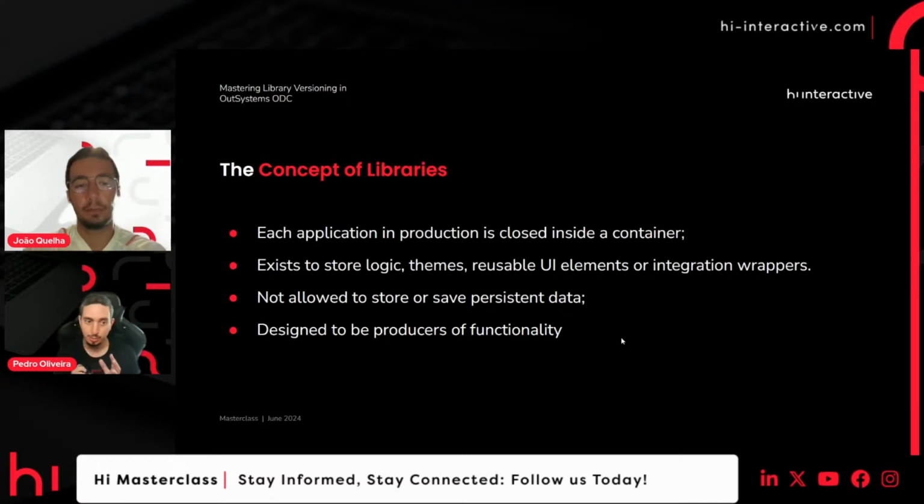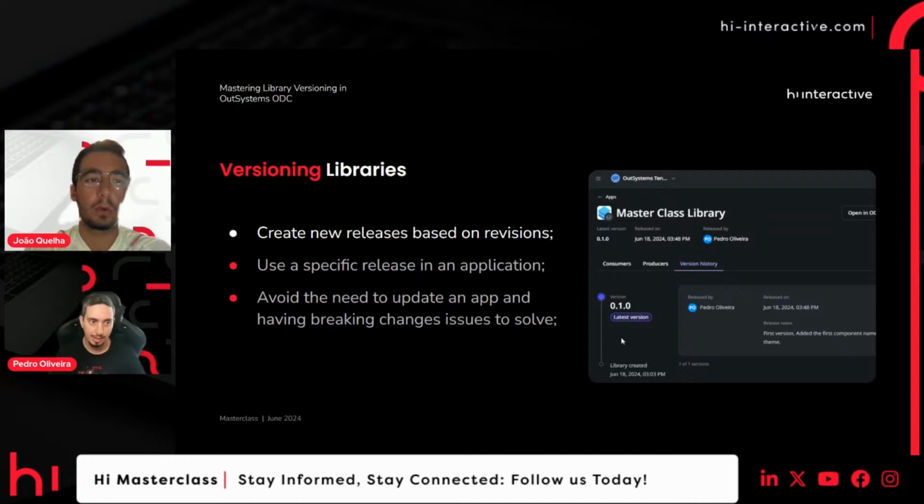They will not allow you to save data on these library type of modules. So it's easy to understand that they are designed for functionality, to give functionality to the real application where the pages or screens, as you want, are located and everything.